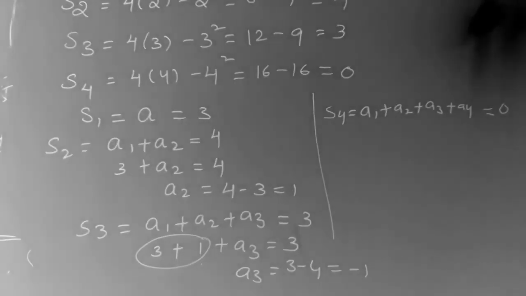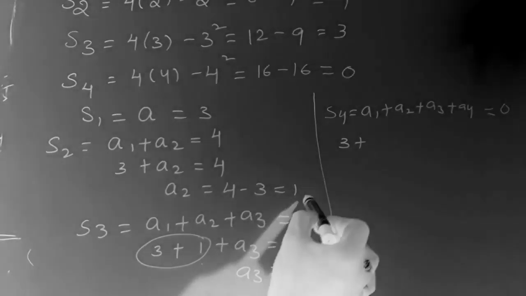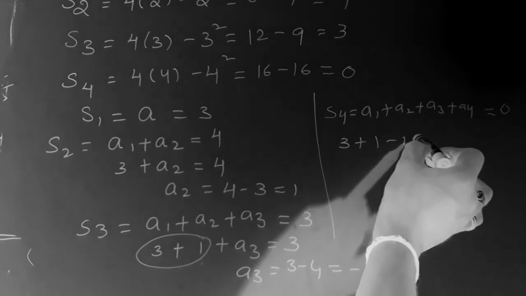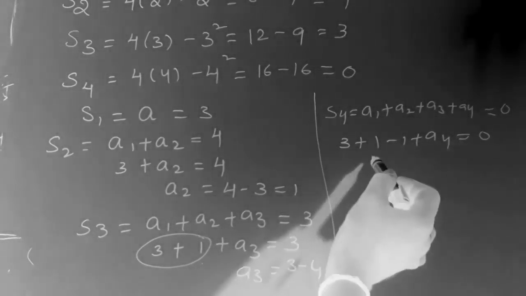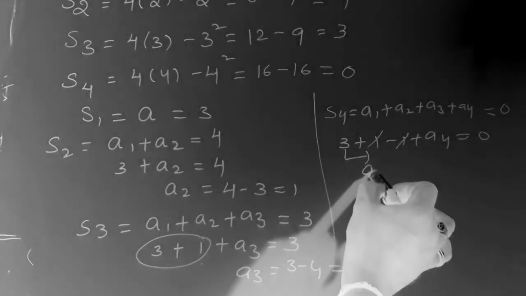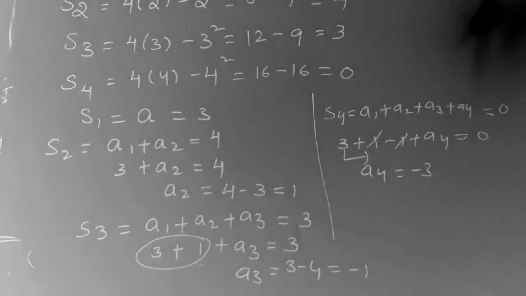We know A1 is 3, A2 is 1, A3 is minus 1, that is equal to 0. So plus 1 minus 1 is going to cancel, plus 3 goes to the right side and becomes minus 3. Therefore the series is 3 comma 1 comma minus 1 comma minus 3 and so on.